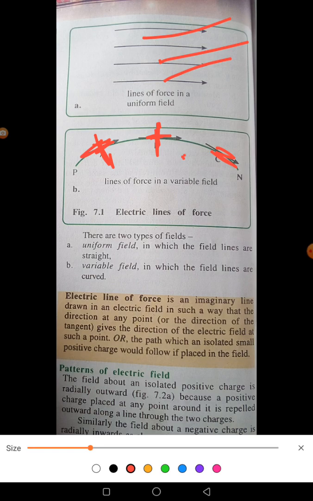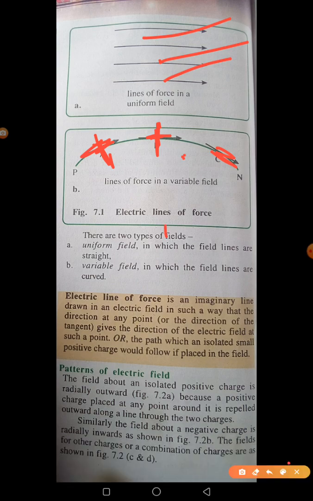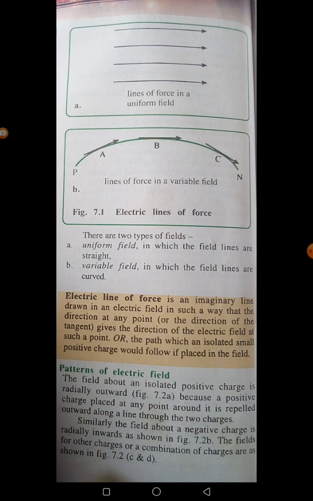Or if you don't want this kind of definition, you can also define it as the path which an isolated positive charge would follow if placed in the field. That's the electric lines of force.